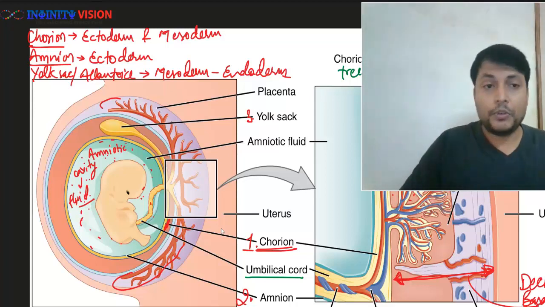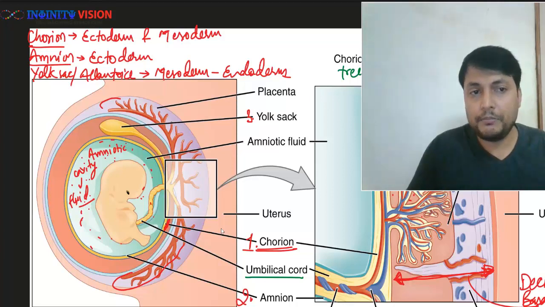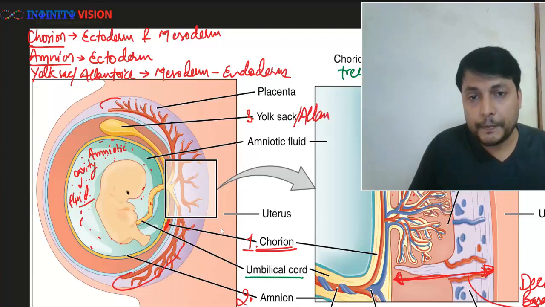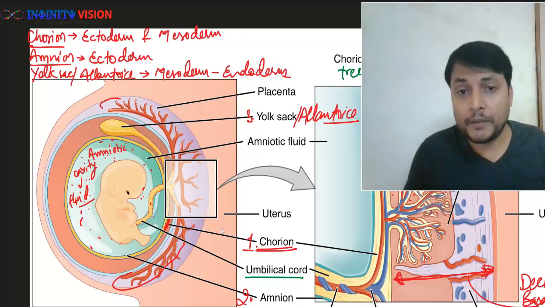Apart from this amnion, there is one more extra embryonic membrane that is called yolk sac or allantois. This is made up of mesoderm and endoderm.